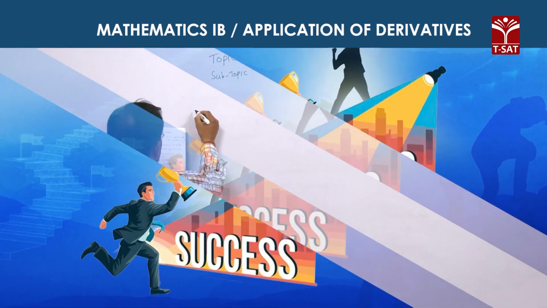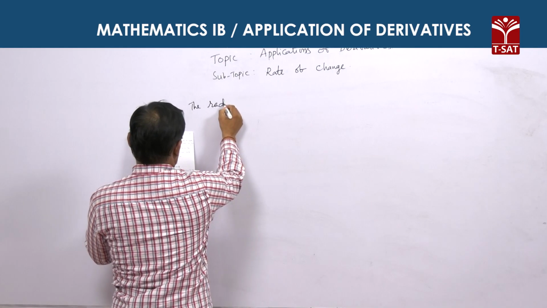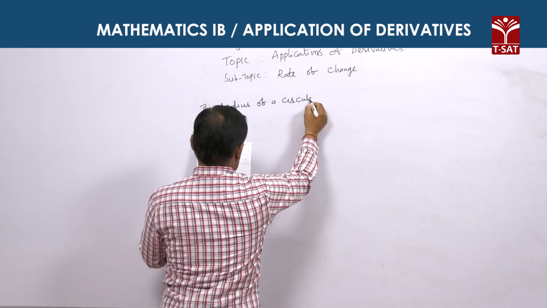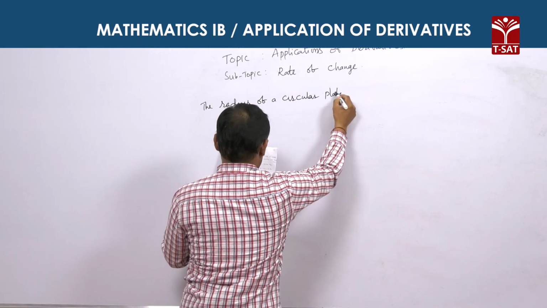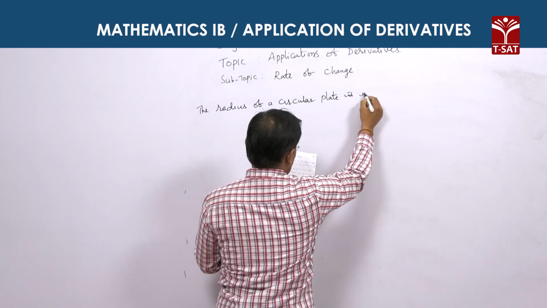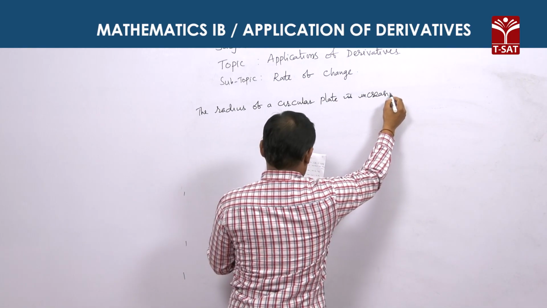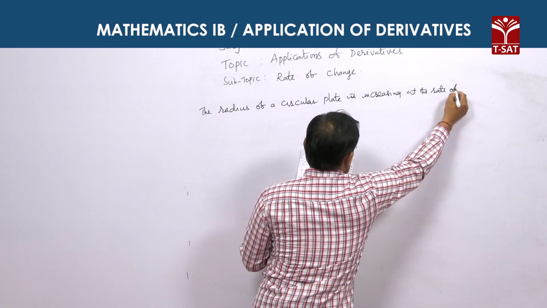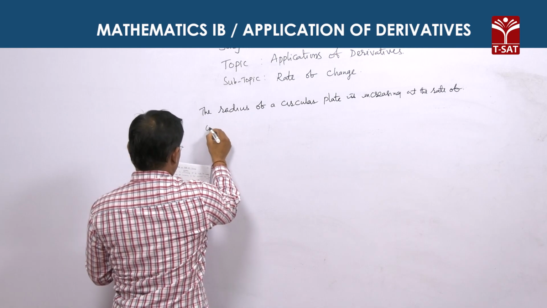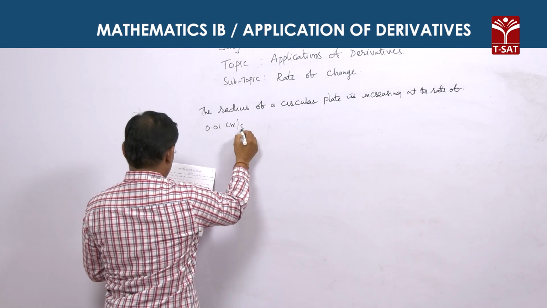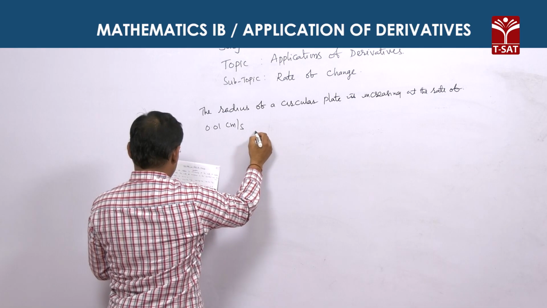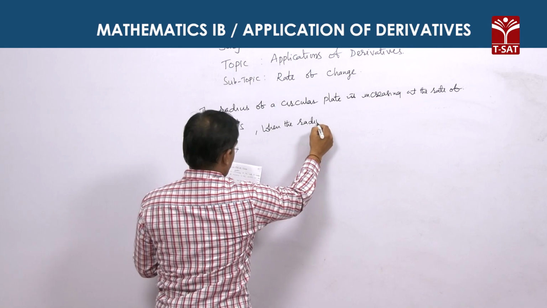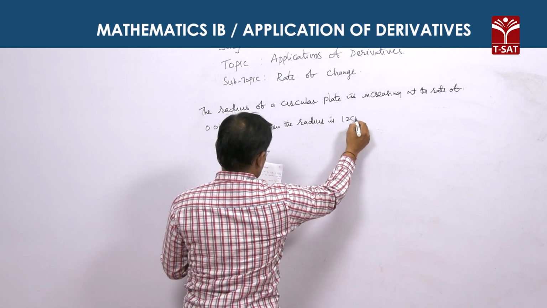Next question. The radius of a circular plate is increasing at the rate of 0.01 centimeter per second when the radius is 12 centimeters.